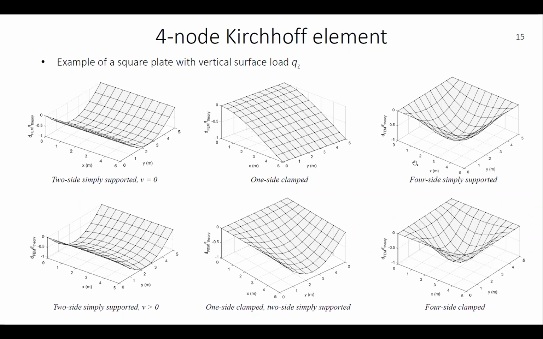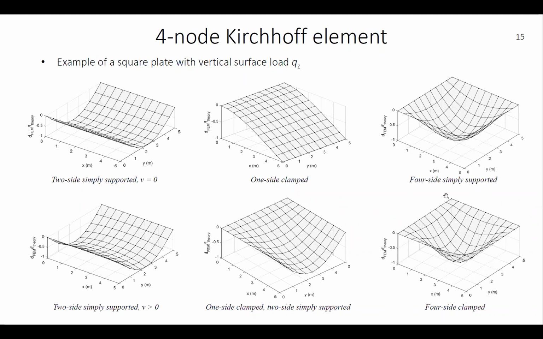And lastly, if we have a four-side simply supported slab like this, there are also theoretical equations for how to solve that. Again, the numerical approach using the Kirchhoff element underestimates the displacements, so it's again a little bit overstiff.